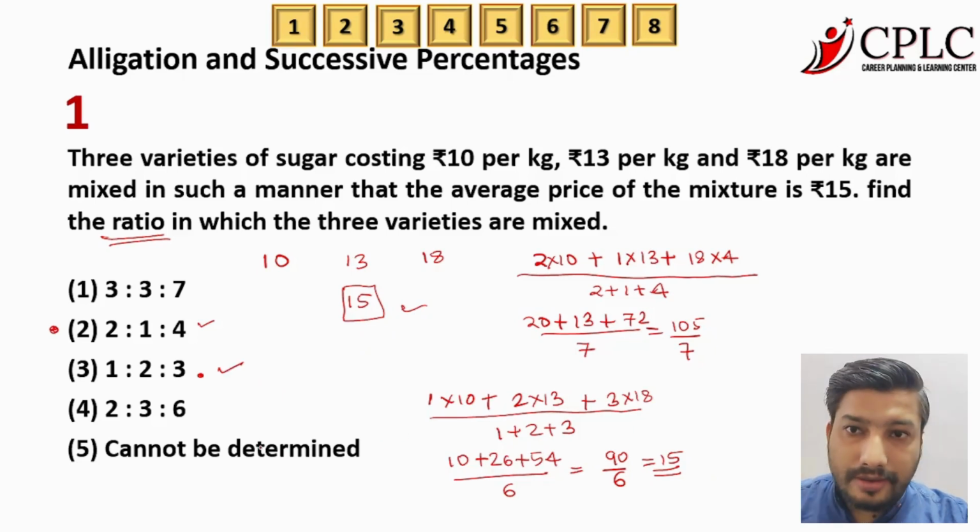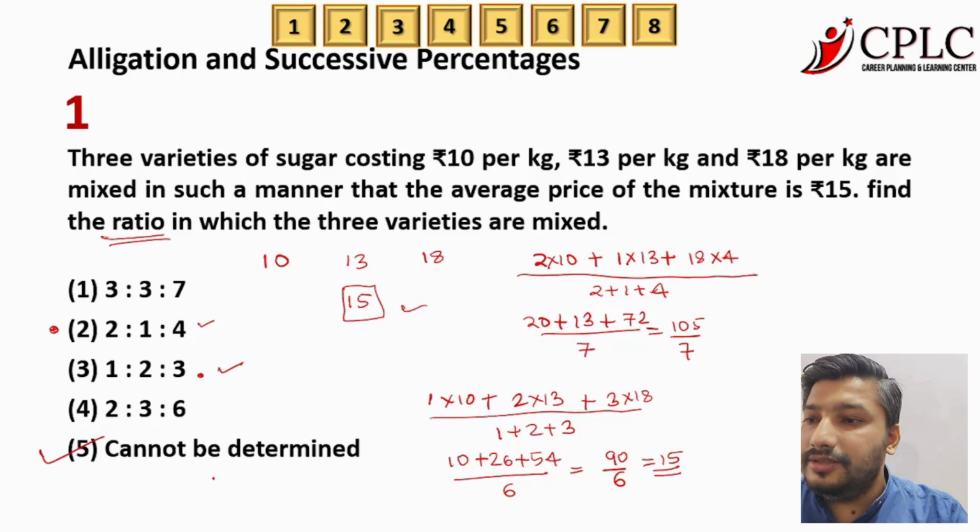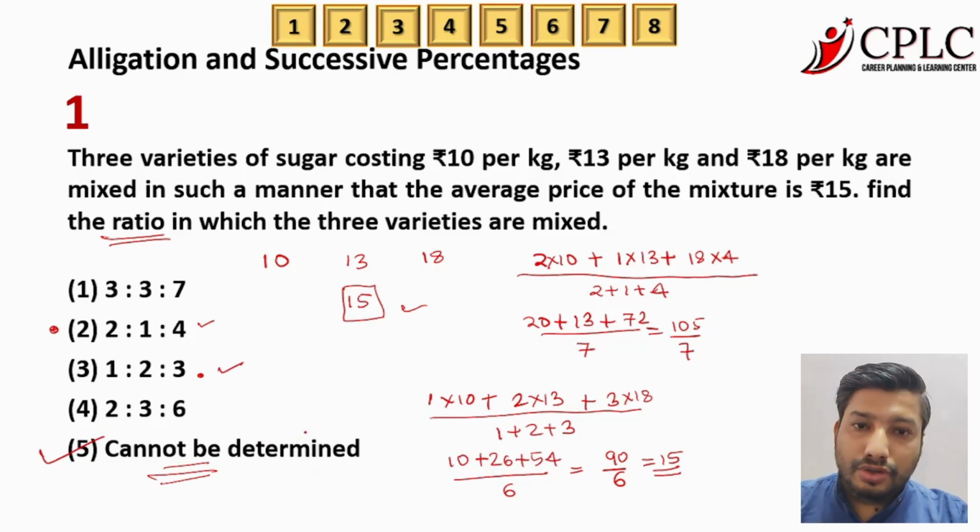So clearly from all of this you should understand the correct answer is actually cannot be determined, because there are multiple answers that are possible. So going forward, this becomes a thumb rule for you.